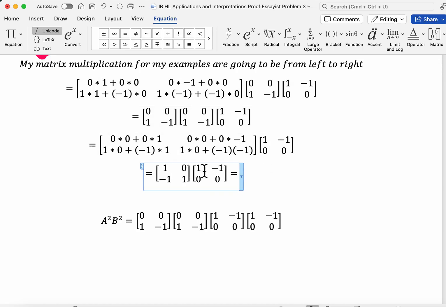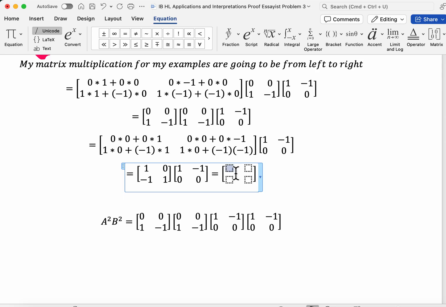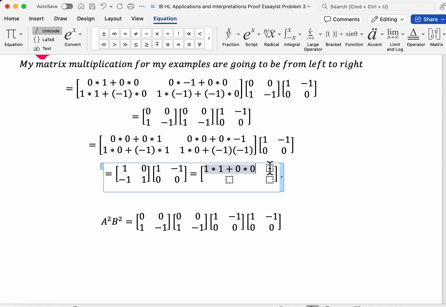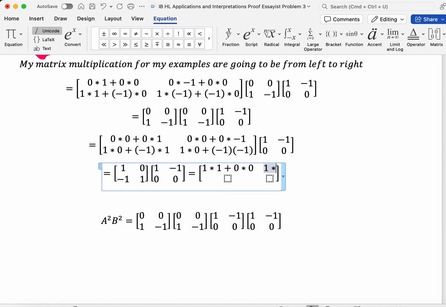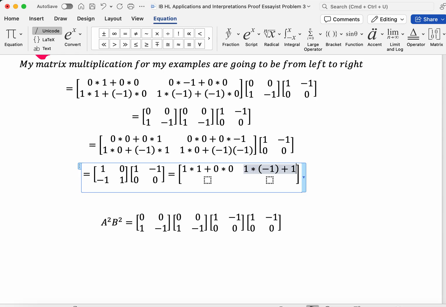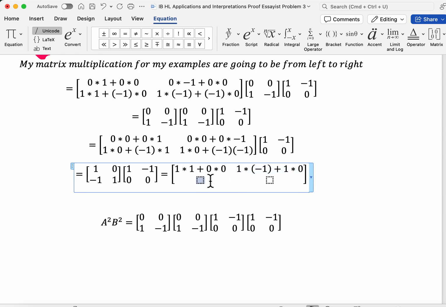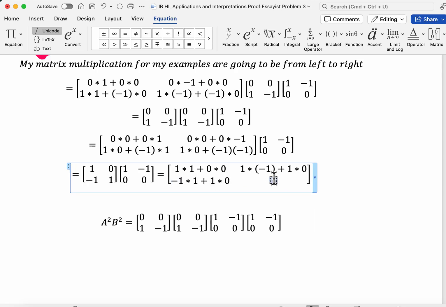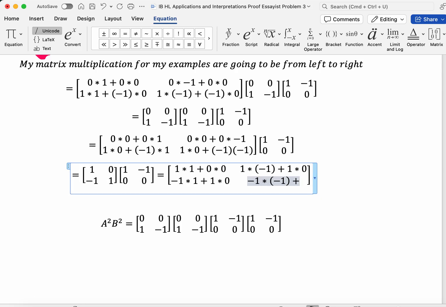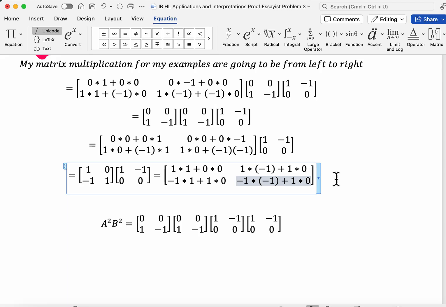Okay, and then the last one, you get 4 results here. So then this is 1 times 1 plus 0 times 0. 1 times negative 1 plus 1 times 0. And then this is negative 1 times 1 plus 1 times 0. This is negative 1 times negative 1 plus 1 times 0.